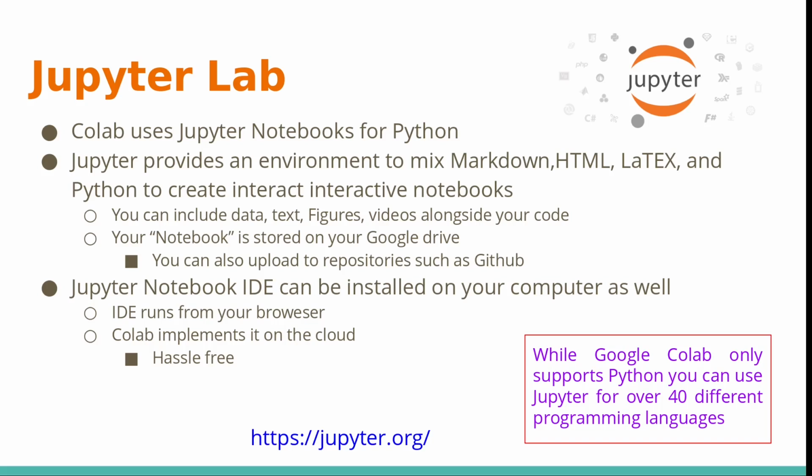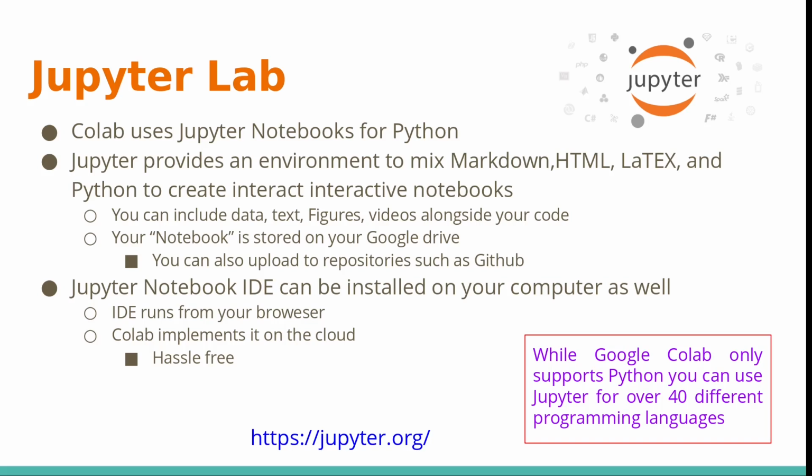So in addition to allowing you to write Python, you can also mix it with Markdown, HTML, and LaTeX to create interactive notebooks. You can include data, text, figures, videos alongside your code. So your notebook is not just a programming script, but rather a notebook that has all the information that you need alongside the code that you want to execute.